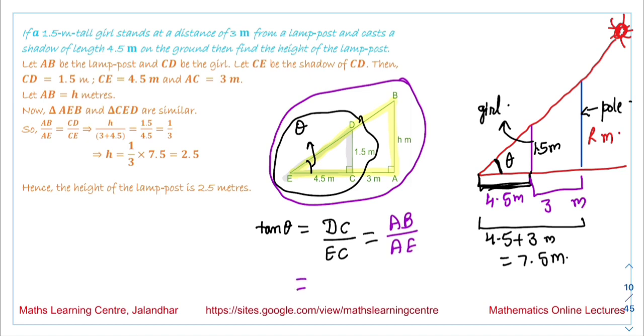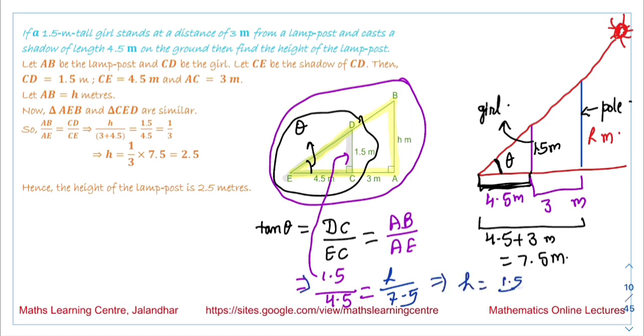Now the value of DC is 1.5, over the value of EC, which is 4.5, equal to AB, which is h, over AE, which is 7.5. On solving this, h is equal to 1.5 upon 4.5 into 7.5. These two get cancelled, we are left with 3, and the answer is 2.5 meter. So the height of the pole is 2.5 meters.